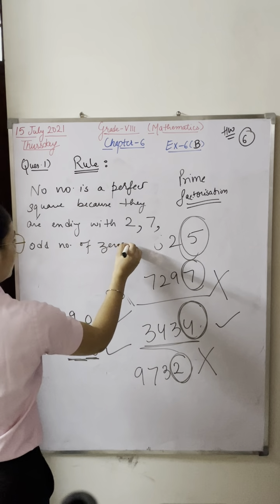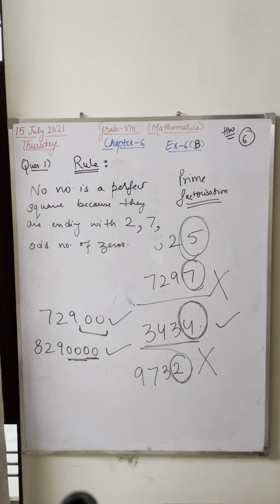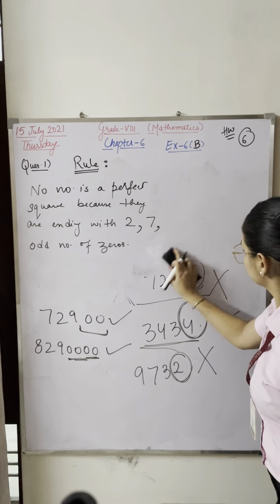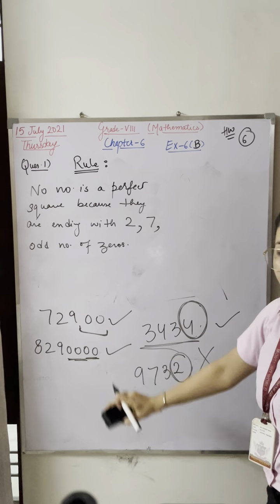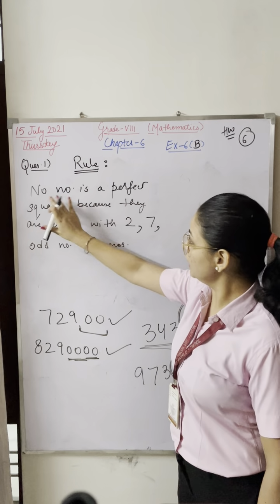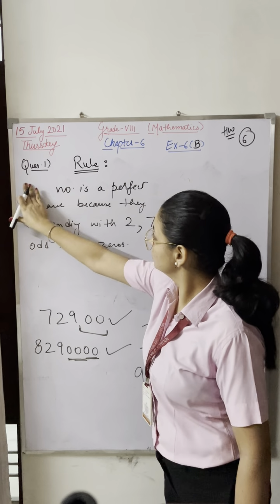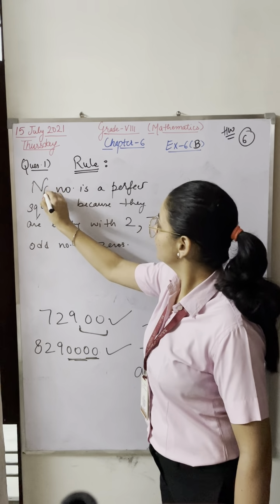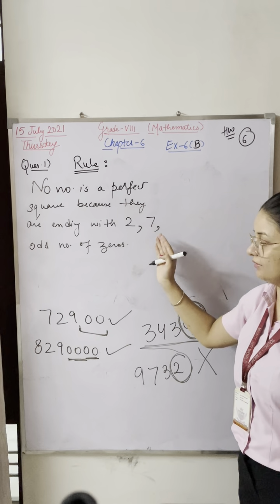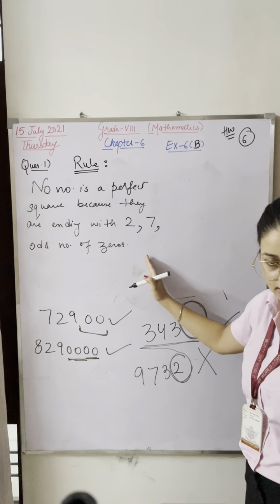That's why these are not perfect squares. Understood by everyone? First question is understood by everyone. Okay. So question 1 is: no number is a perfect square because they are ending with 2, 7 and an odd number of zeros.